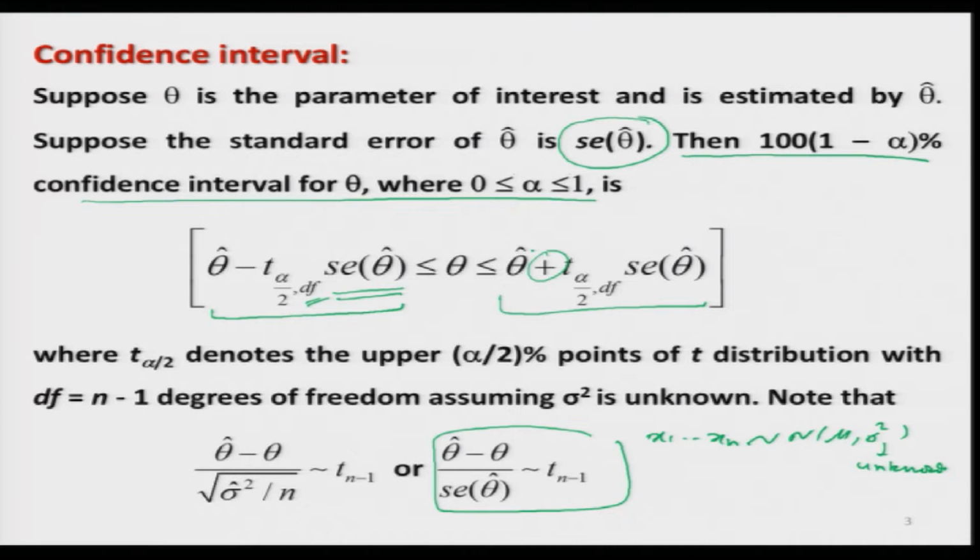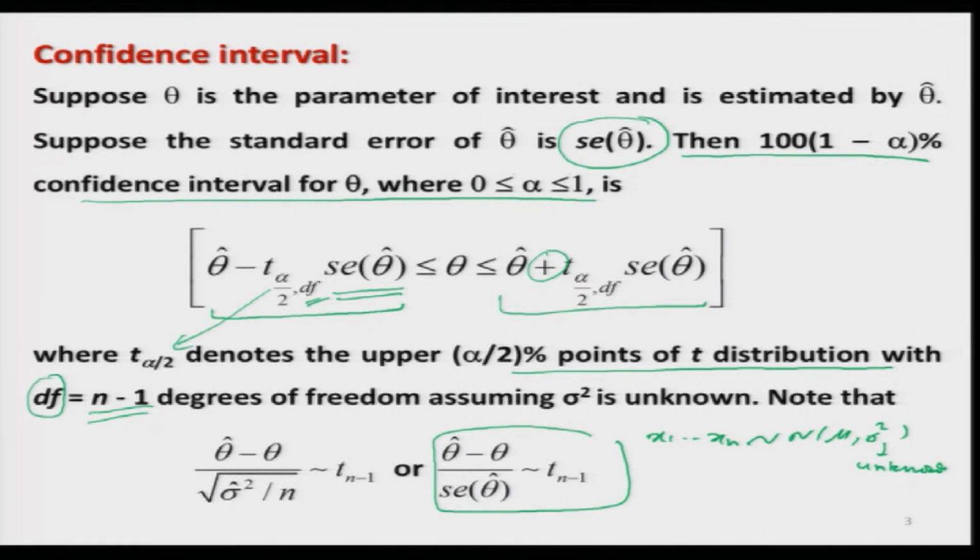And here this critical value t alpha by 2 denotes the upper alpha by 2 % points of the t distribution with degrees of freedom denoted as df, which in this particular case is small n minus 1, right. So, this is the basic idea behind this confidence interval.